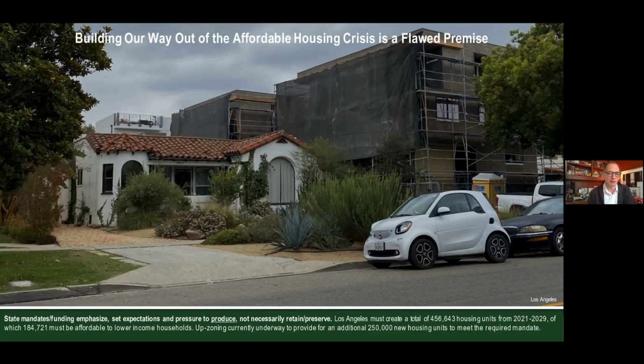That's incredibly difficult to achieve. So in Los Angeles and other cities, you have to show that you're able to accommodate this growth. So we're actually in the process of upzoning various parcels throughout the city to show that we can accommodate that amount of new housing. Currently we're targeting, with the upzoning, parcels that will allow for an additional 250,000 new housing units.